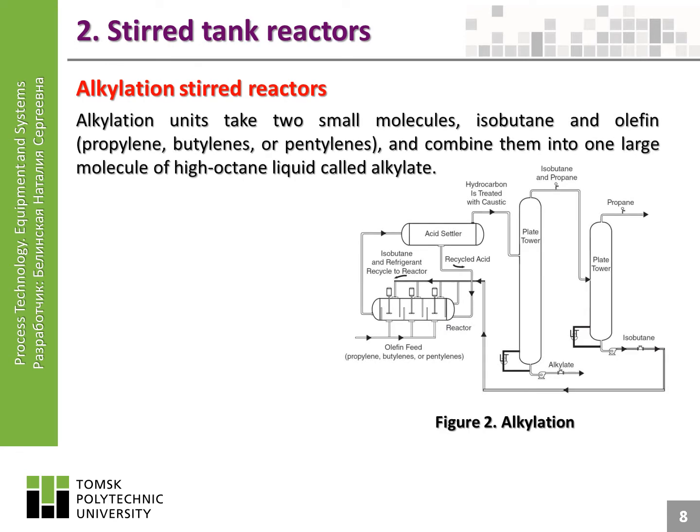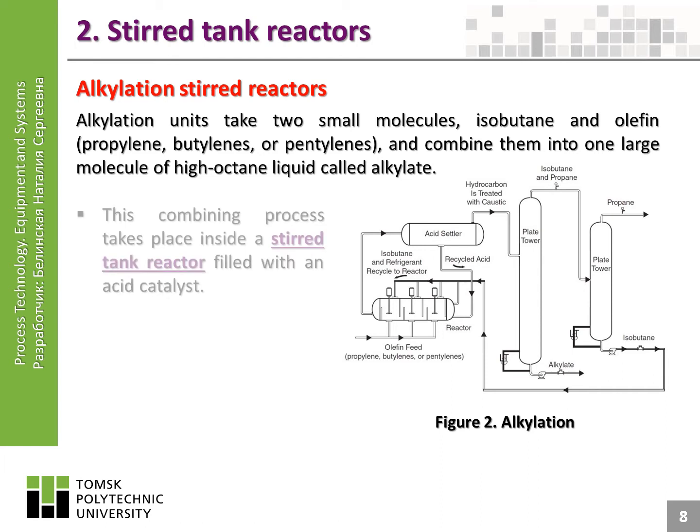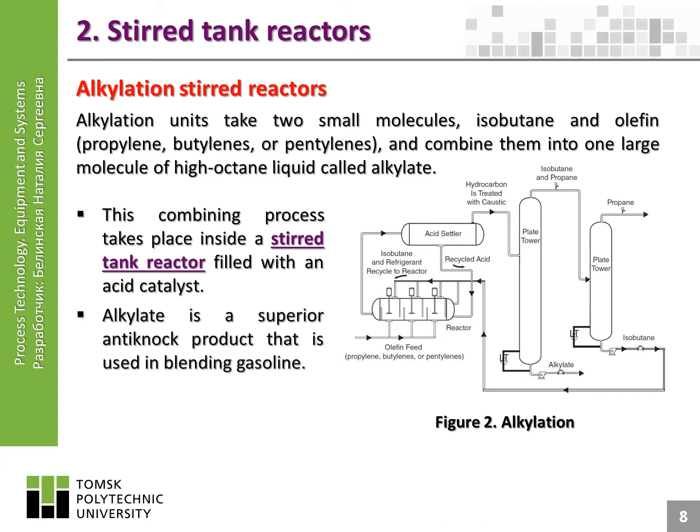Alkylation units take 2 small molecules, isobutane and olefin, propylene, butylenes, or pentylenes, and combine them into one large molecule of high-octane liquid called alkylate. This combining process takes place inside a stirred tank reactor filled with an acid catalyst. Alkylate is a superior anti-knock product that is used in blending gasoline.